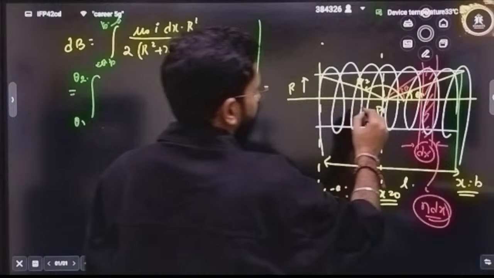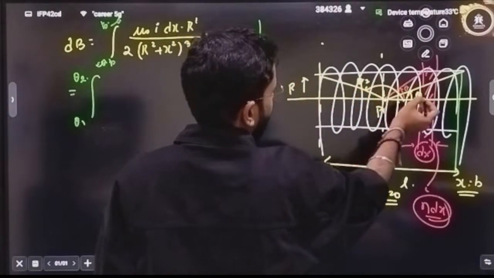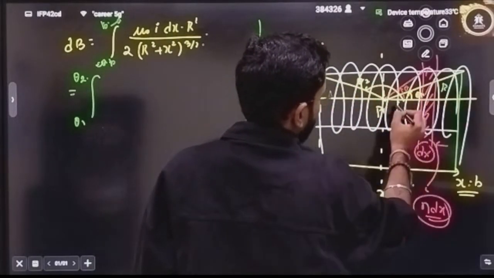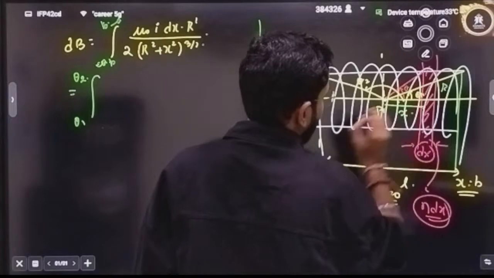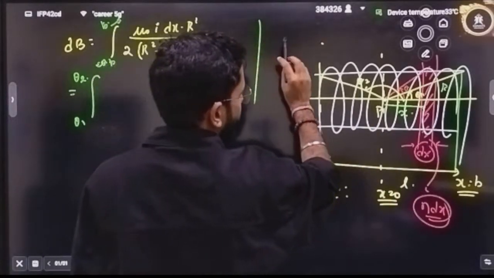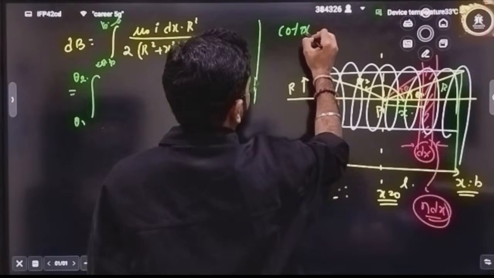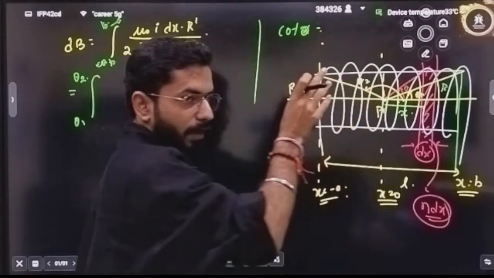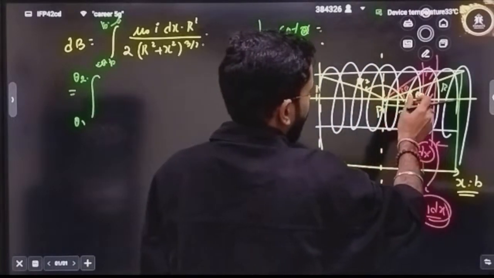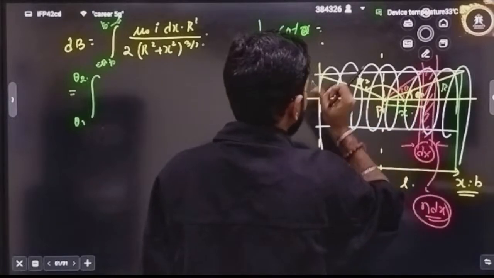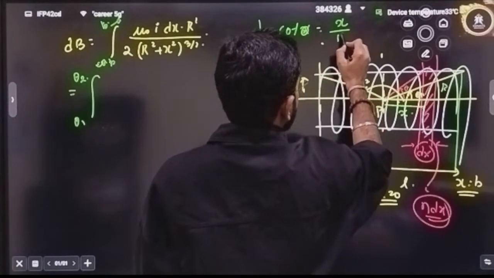Now what I am going to do in the integration. Understand here. Tell me what you can define in this triangle. This distance is r. This base is given as x, at a distance x. If I ask you to define cot of theta, how will you write it? Cot of theta is base upon perpendicular, and tan of theta is perpendicular upon base. Base upon perpendicular, that is equal to x divided by r.